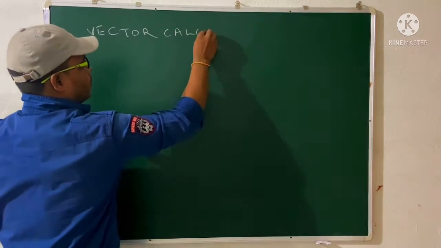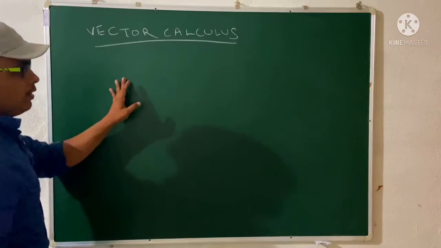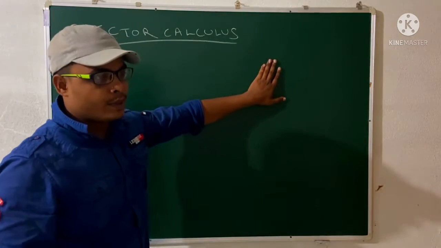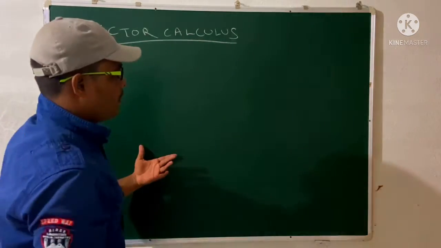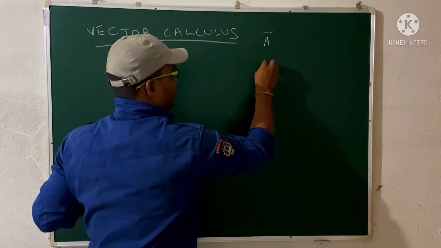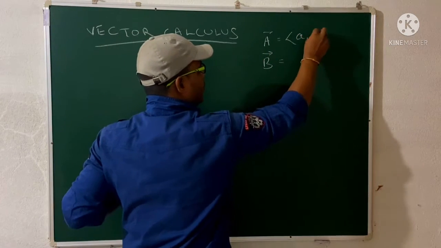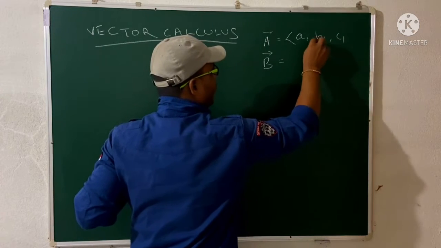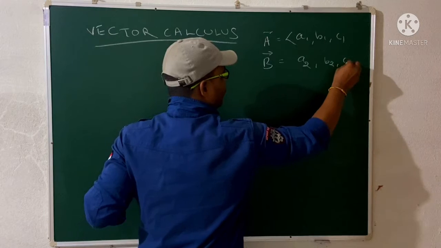In vector calculus we have learned about vector addition. That means we have two vectors, but not in the same direction. As discussed previously, one vector is given, the a vector, with components a1, b1, c1, and another vector is given with components a2, b2, c2.